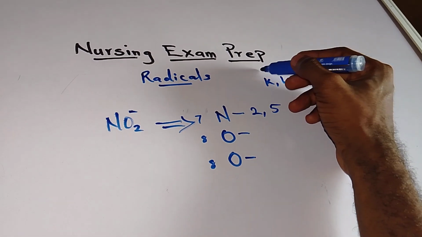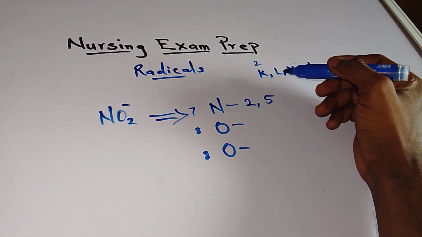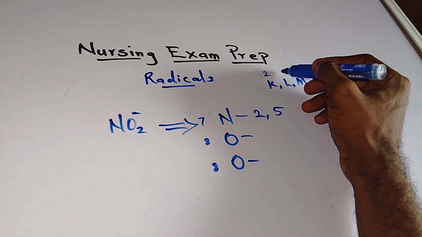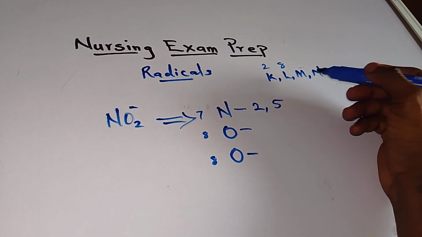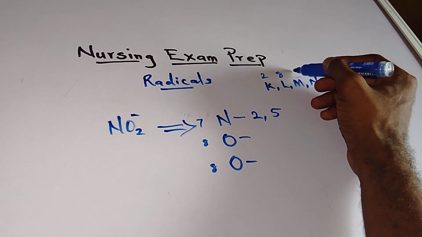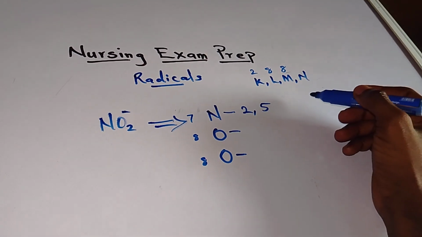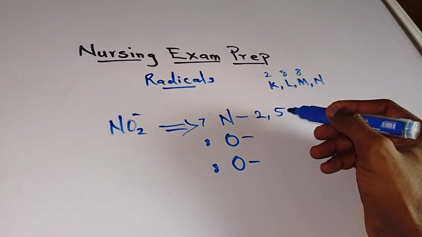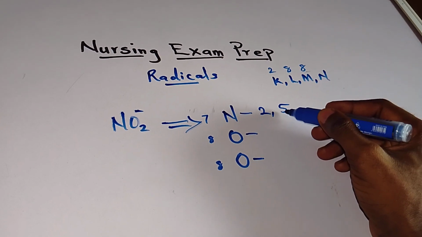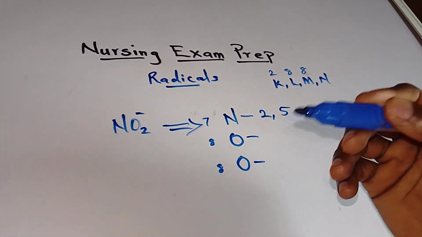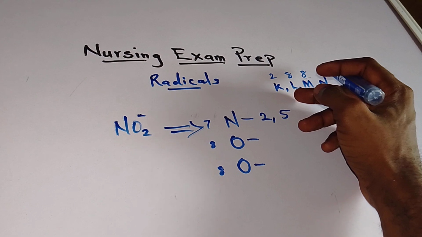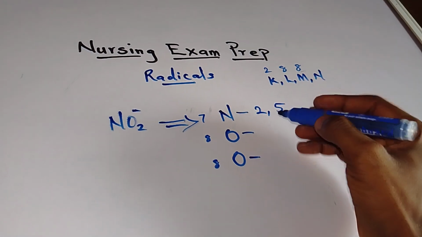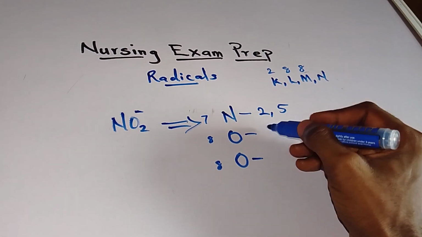The K shell takes a maximum of 2 electrons, and the L shell takes a maximum of 8. If you look at this L shell, the electrons are not complete. I will show you what to do with that.